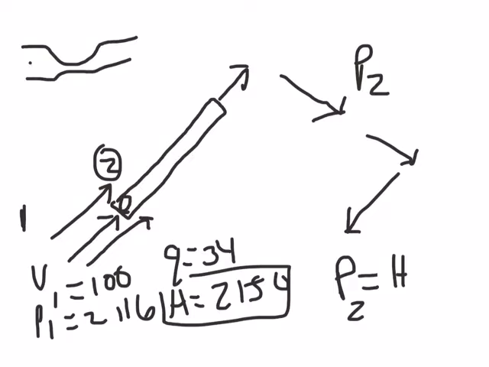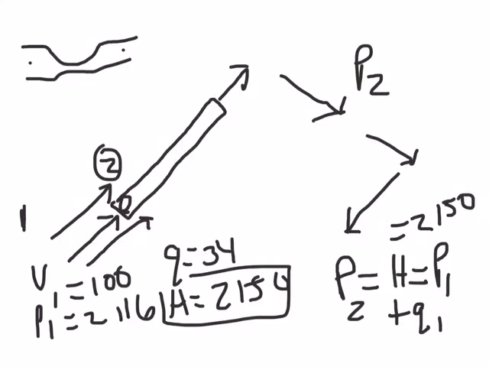Remember this, and this is the same, which is going to be equal to the pressure at station 1, plus the dynamic pressure at station 1. And this is 2,150 pounds per square foot.